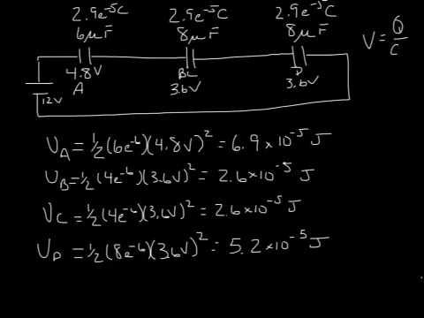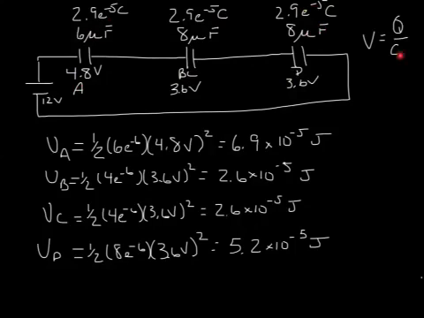Here's that equivalent circuit drawn again with the source, capacitor A, capacitor BC, capacitor D all in series. We just said the charge on each of them is going to be 2.9 times 10 to the minus 5th coulombs. We have our capacitance here, and if we have the capacitance and the charge, we can find the voltage.